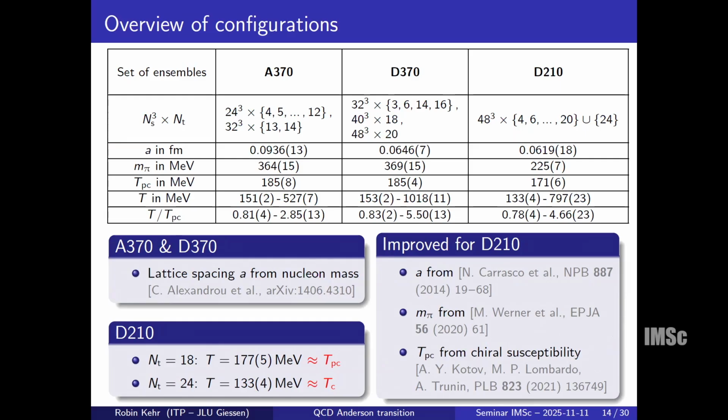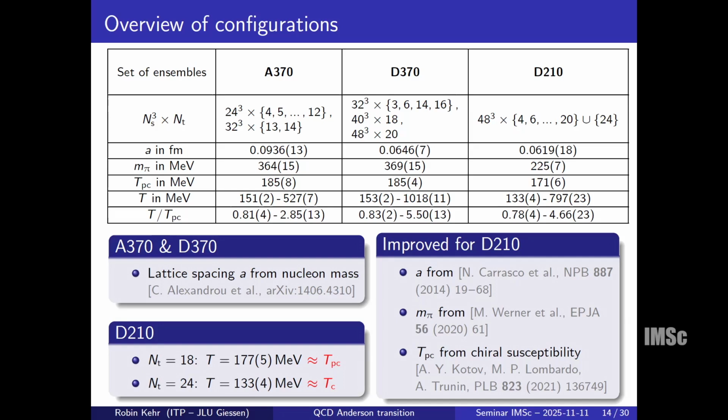For both of these, the pion mass is roughly 370 MeV. That's why they're called A370, so the letter refers to the spacing, and here we have D370. And for the most physical setup, we have a pion mass of 225 MeV.